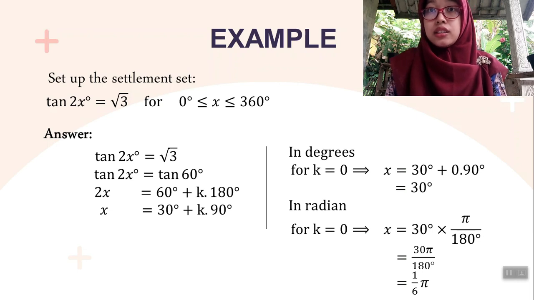And in radian angle, for k equals 0, we get x equals π/6, obtained from 30 degrees multiplied by π divided by 180 degrees. So much for k equals 0, next k equals 1.